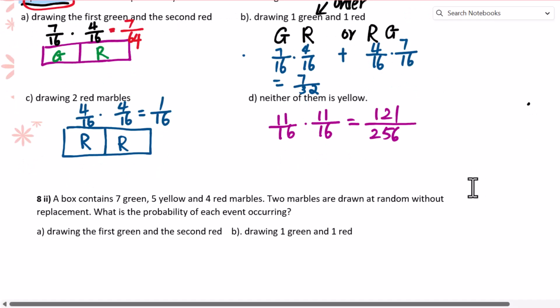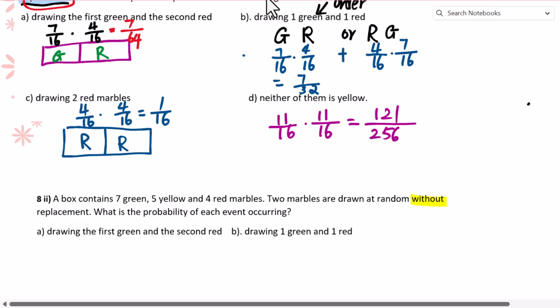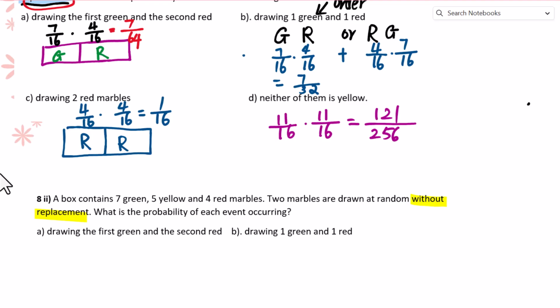Let's go to 8.2. Everything is the same except this time without replacement, which means after you take the first marble, you won't put it back. A. Drawing the first one green and a second red. Green, red.